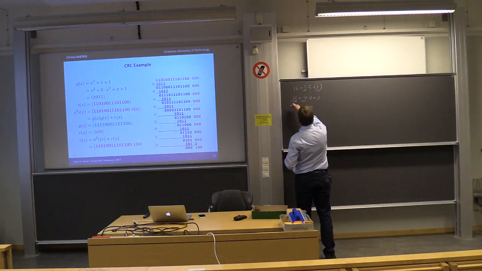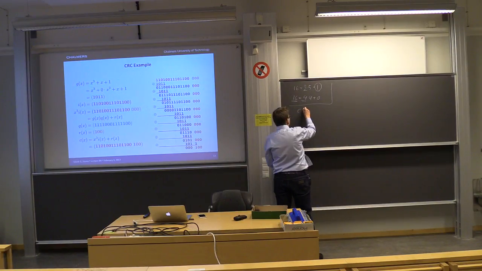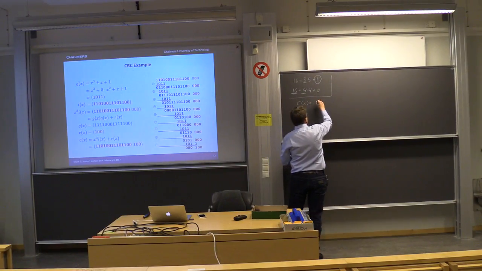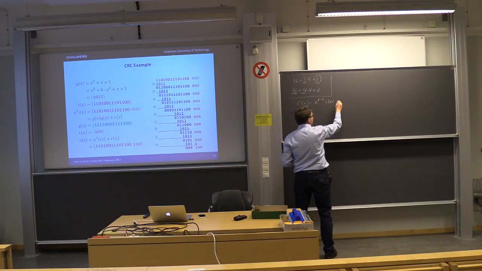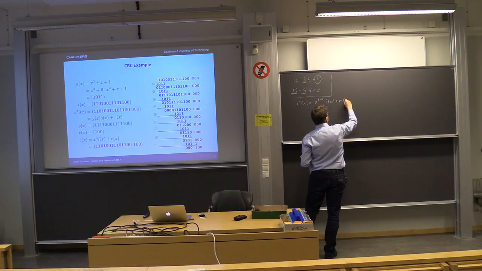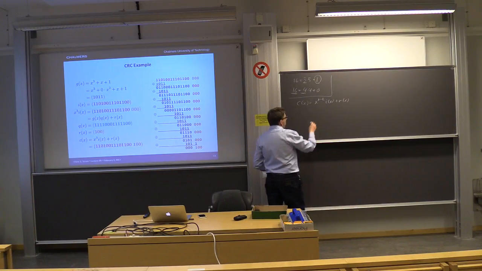It's easily seen that the code polynomial C is x to the n minus k times I of x, the information bits, plus the remainder. What is the remainder here?